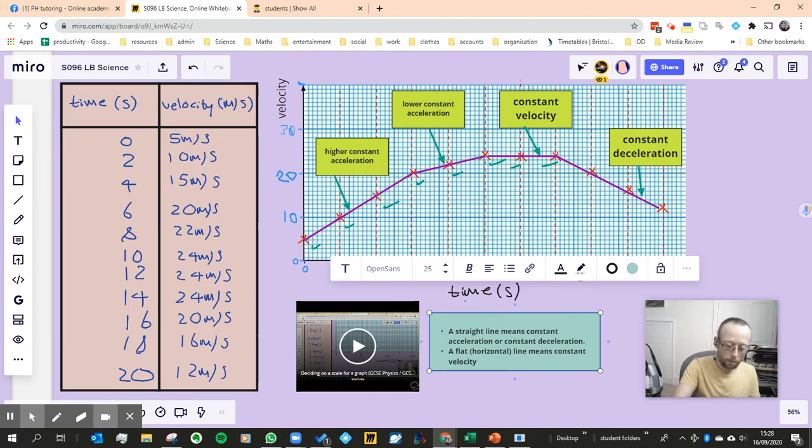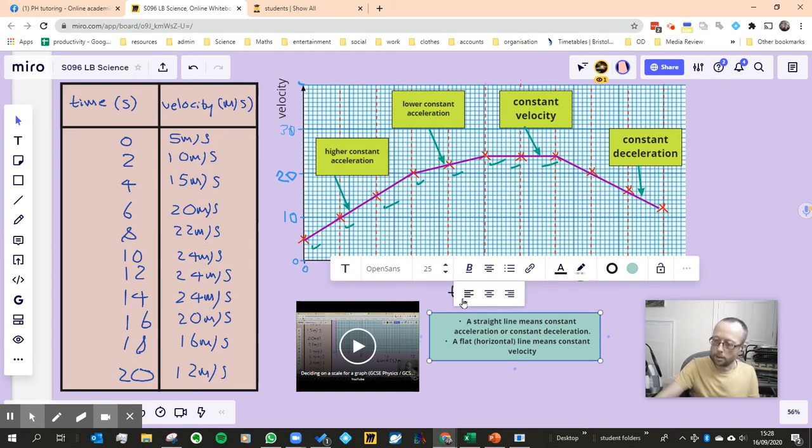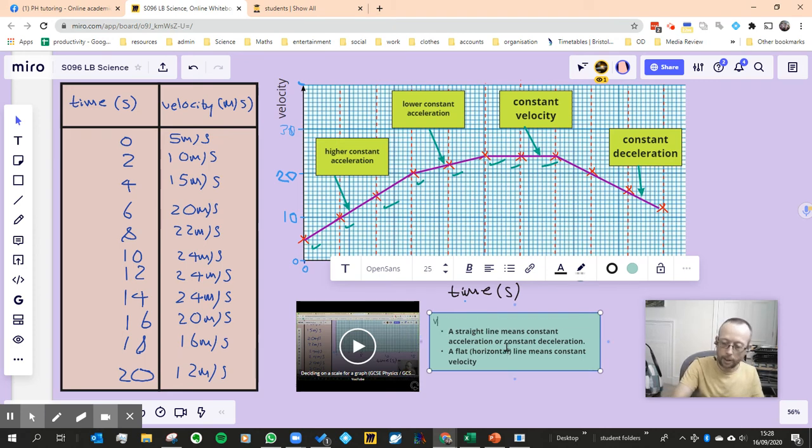By the way, what we need to also realize is that I'm only talking about velocity time graphs here. For other graphs, it won't mean that. Only for velocity time graphs, these things are true. A straight line means constant acceleration or constant deceleration.